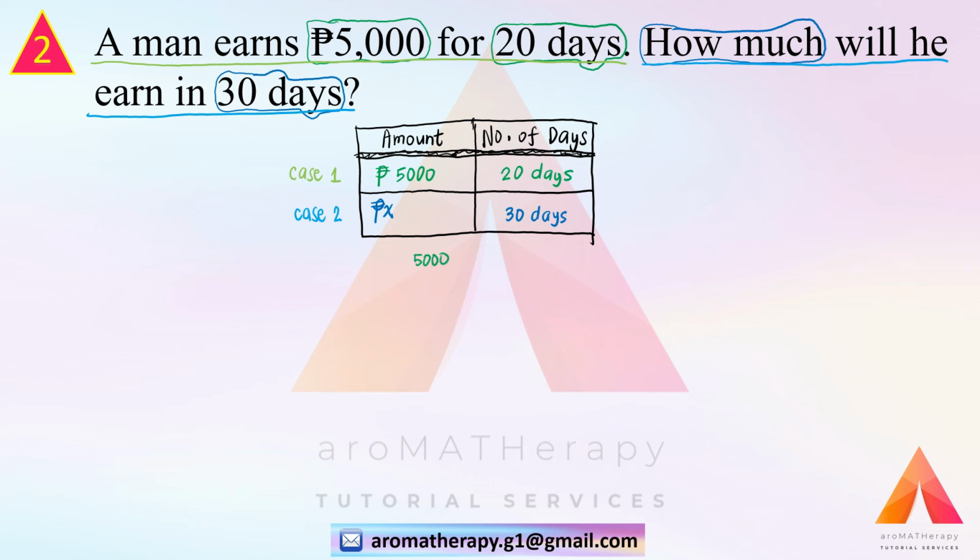We have 5,000 over 20 is equal to X over 30. To make things easier, we need to simplify the left-hand side of the equation. So cancel the 2 zeros and divide 500 by 2. So this is equal to 250. And equate it with X over 30.